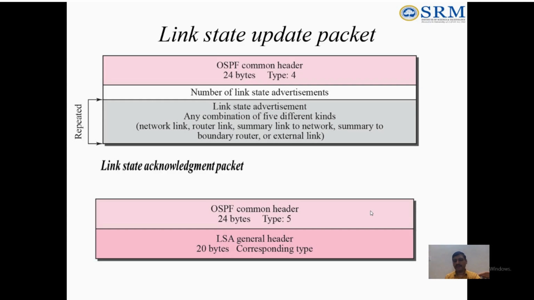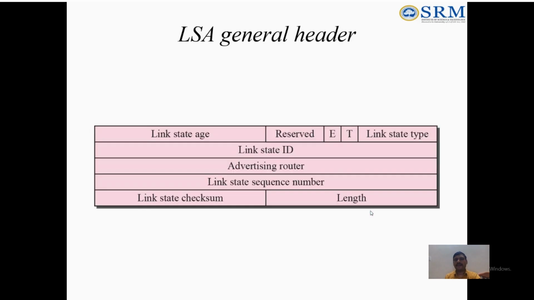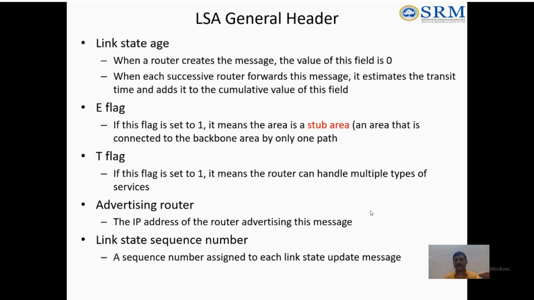It has type 5, the LSA general common header, and then 20 bytes of the corresponding type. Link state acknowledgement general header. It has link state age, then options with E and T flags, link state type, link state ID, advertising router, link state sequence number, link state checksum, and length. This is the header format of an LSA acknowledgement.